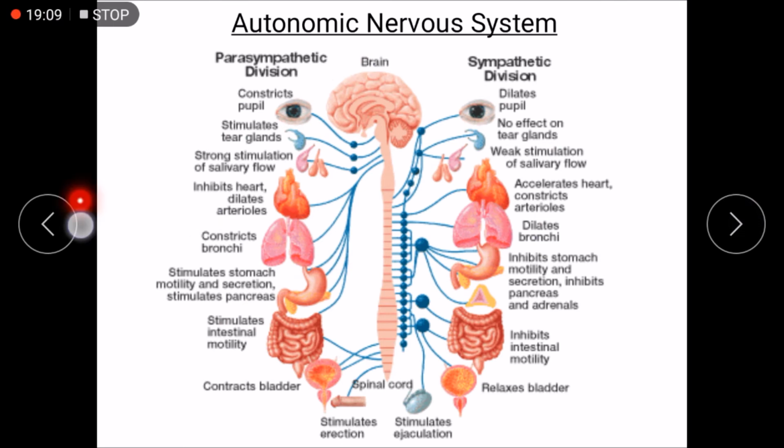Sometimes in the middle of the chapter, where we explain about the nervous system, we will need to know what is the parasympathetic and what is the sympathetic division. So this division is actually a division where we talk about the action, the response carried out by the nerve system.